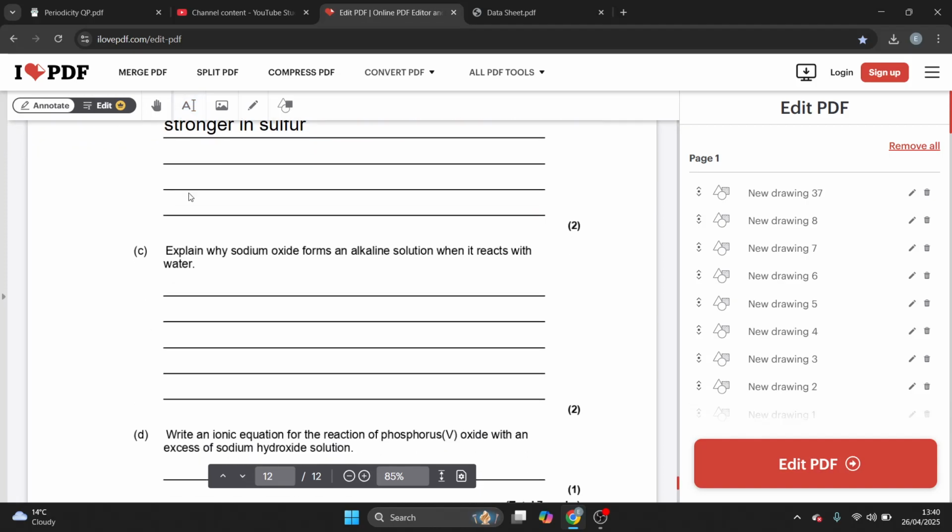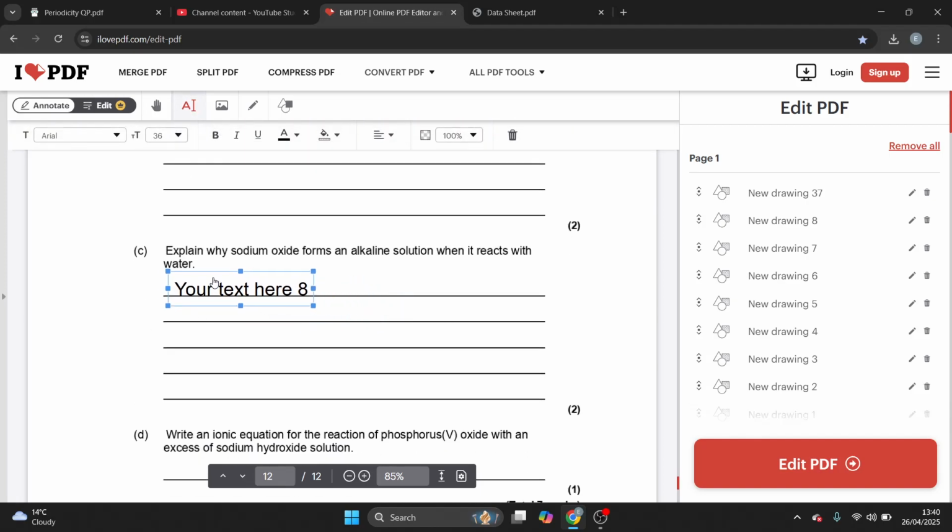Sodium oxide forms an alkaline solution when it reacts with water. Sodium oxide, well, therefore it contains O2 minus ions. So sodium oxide contains O2 minus ions.